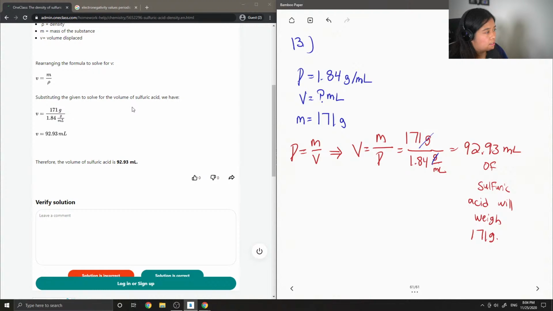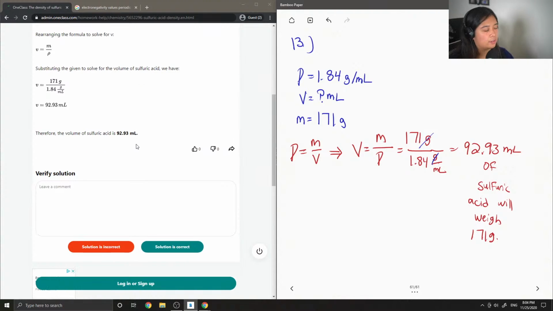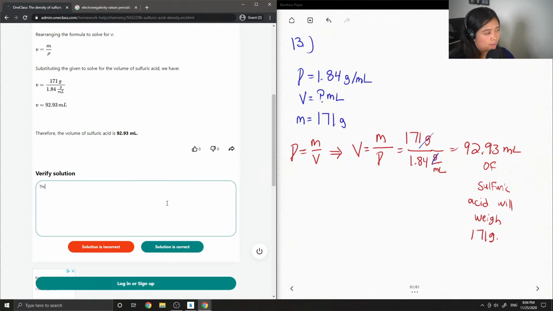Substituting the given to solve for the volume of sulfuric acid, we have 171 grams divided by 1.84 grams per milliliter. It's equal to 92.93 mL. Therefore, the volume of sulfuric acid is 92.93. Yep, so this solution is correct.